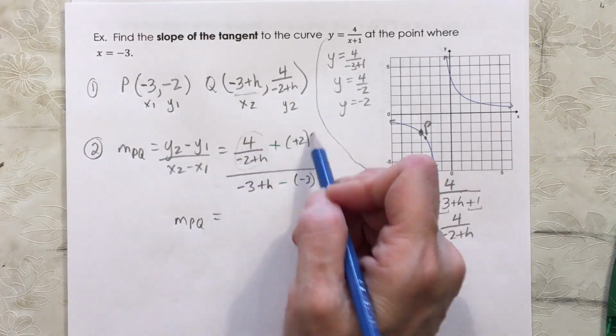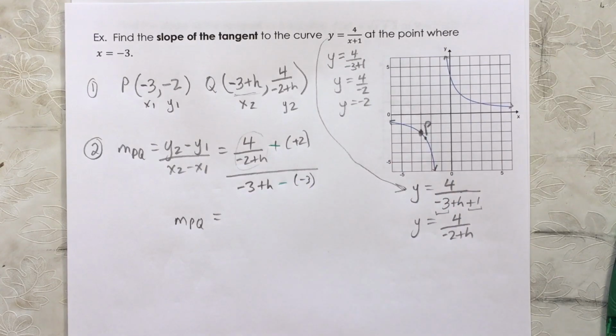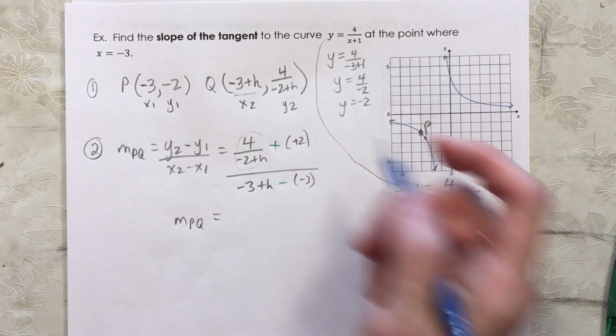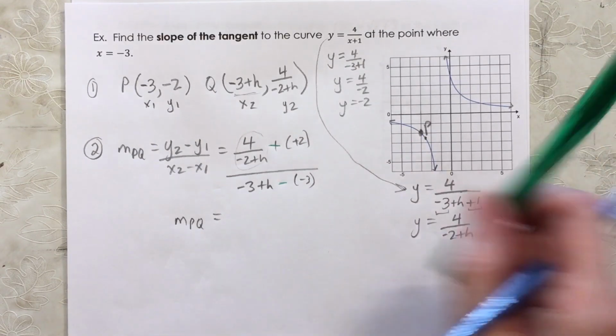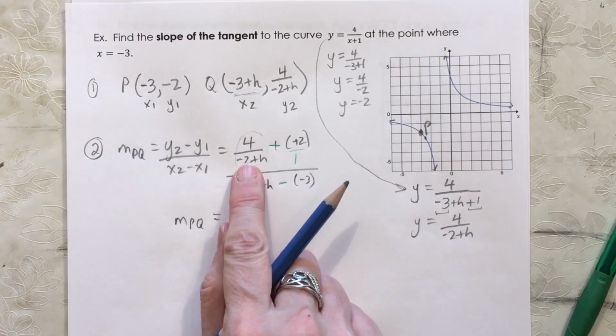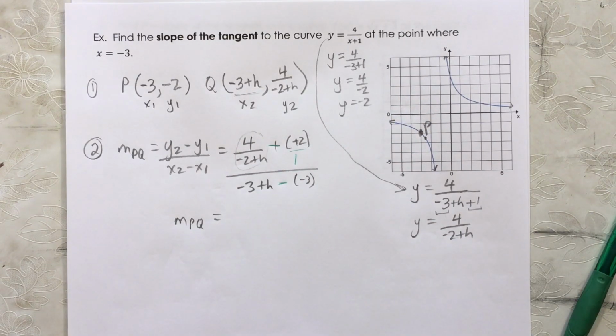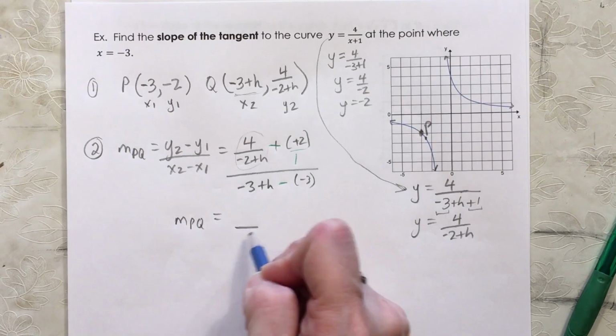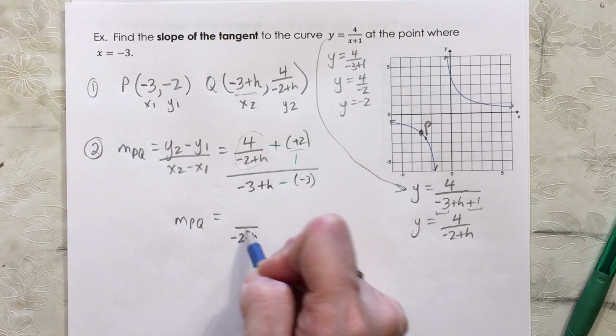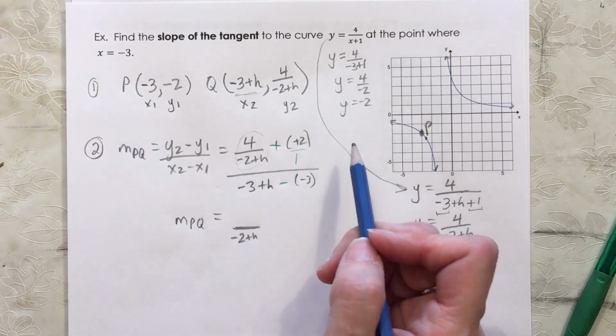So we have a fraction and a whole number, and the way you have to add those is to get a common denominator. So right now the denominators that you're looking at are negative 2 plus h and 1. So the common denominator is going to be negative 2 plus h. So we're just dealing with the numerator right now.